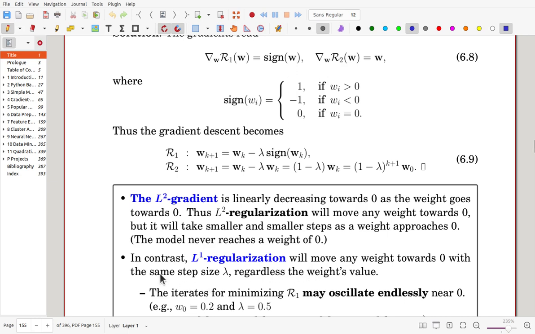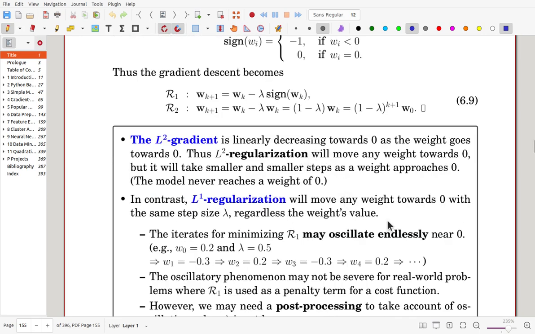On the other hand, L1 regularization will move any weight towards 0 with the same step size lambda. Always the same step size, because the sign will be 1, minus 1, or 0. So for example, here we consider this oscillatory example. Start with W0 equal to 0.2, and assume we choose lambda as 0.5.